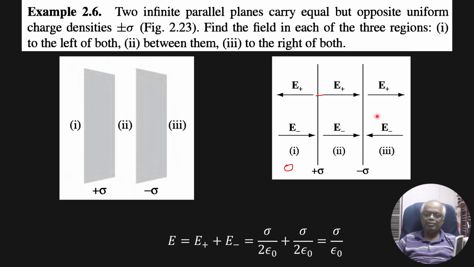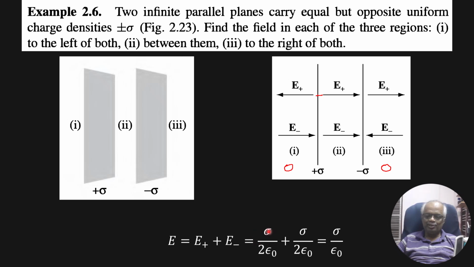Similarly, what will happen here? The electric fields due to the positive charge and the negative charge are opposite to each other. So naturally, here also the electric field is zero. So in between the plates, the total electric field is equal to the electric field due to the positive charge plus the electric field due to the negative charge.